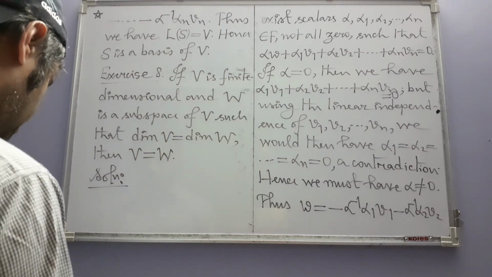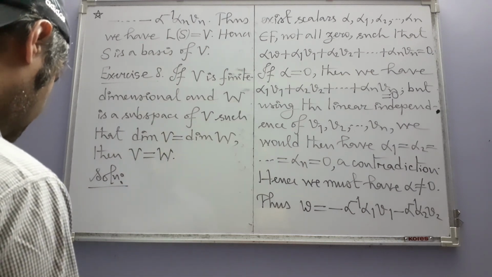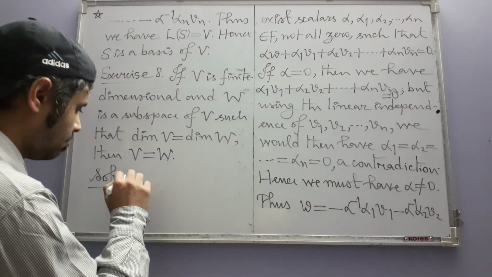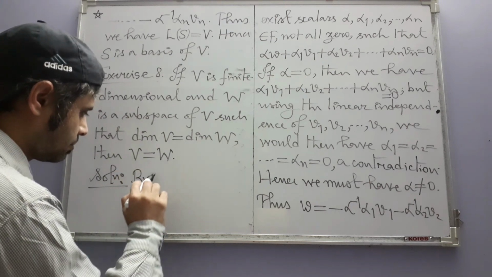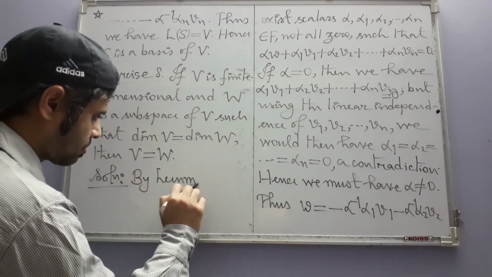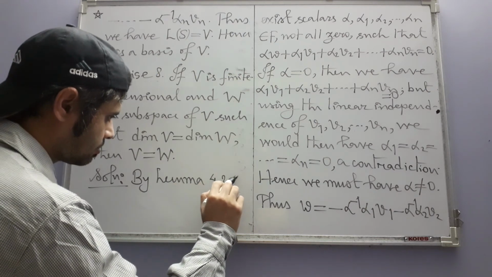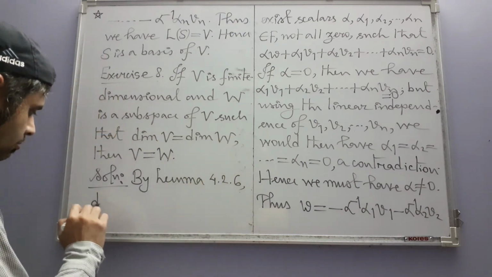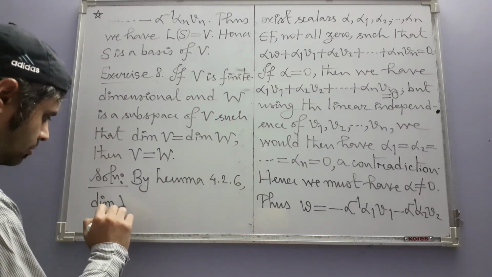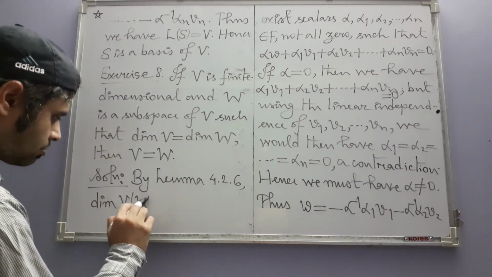By lemma 4.2.6, what happens to this quotient space?